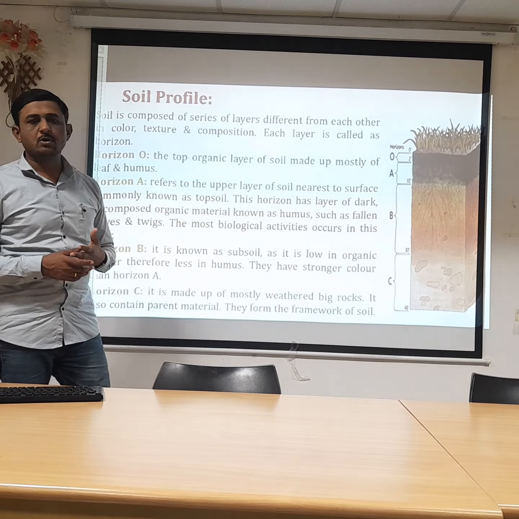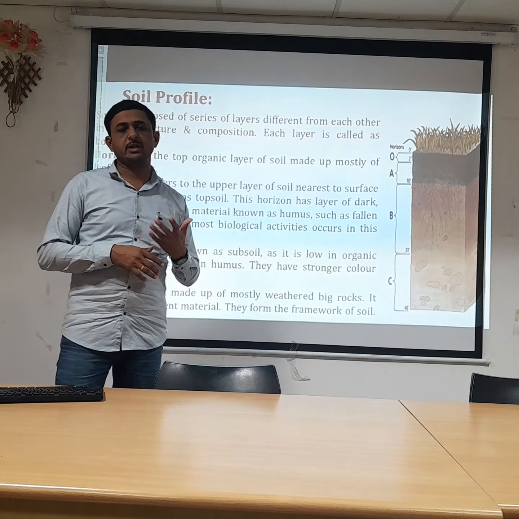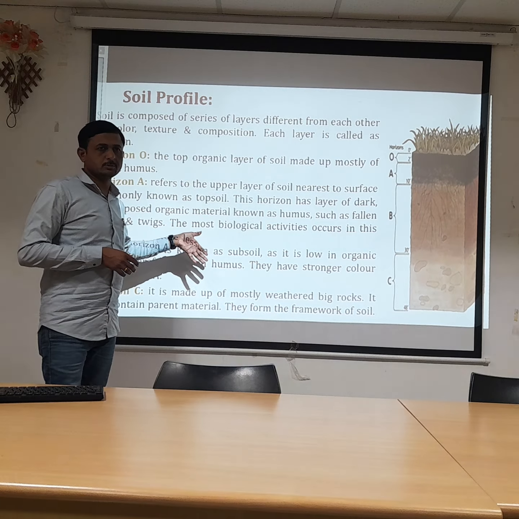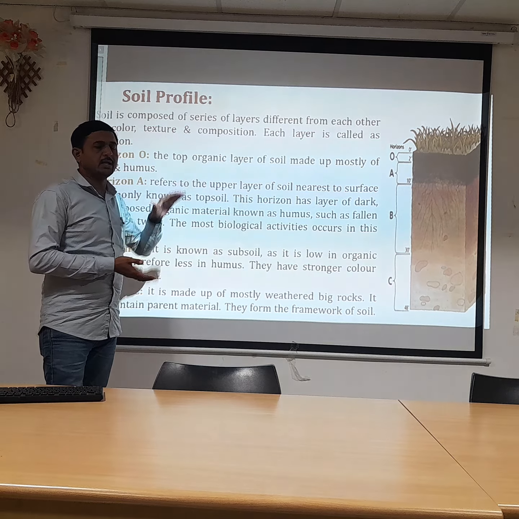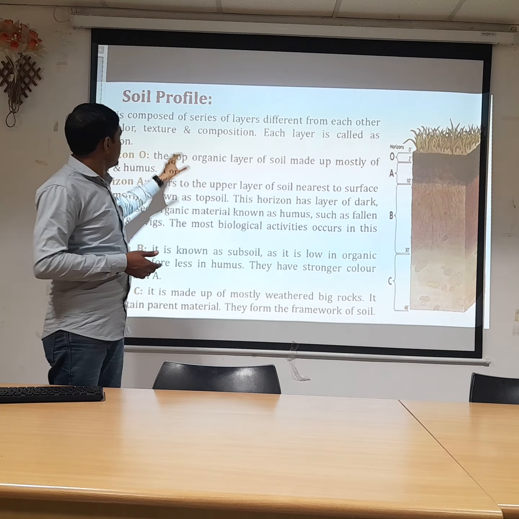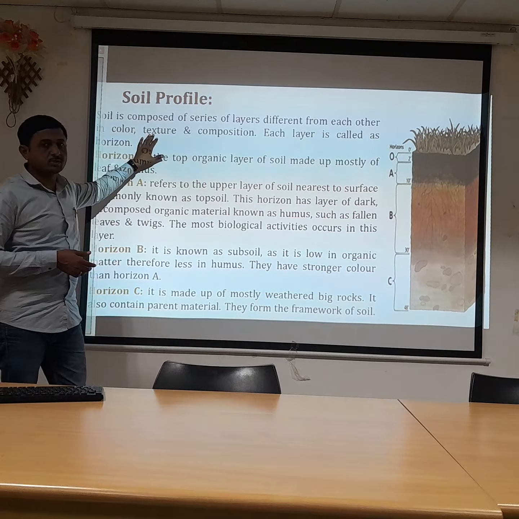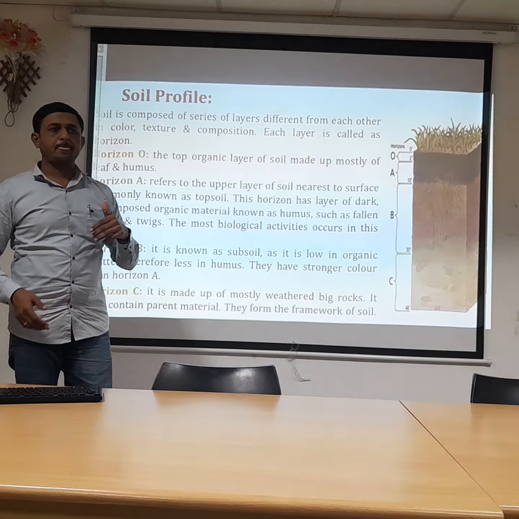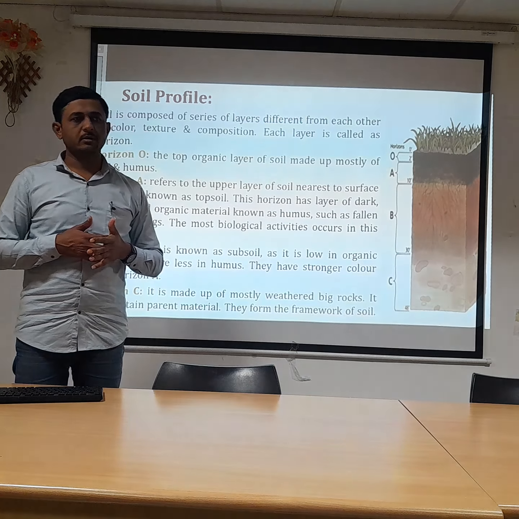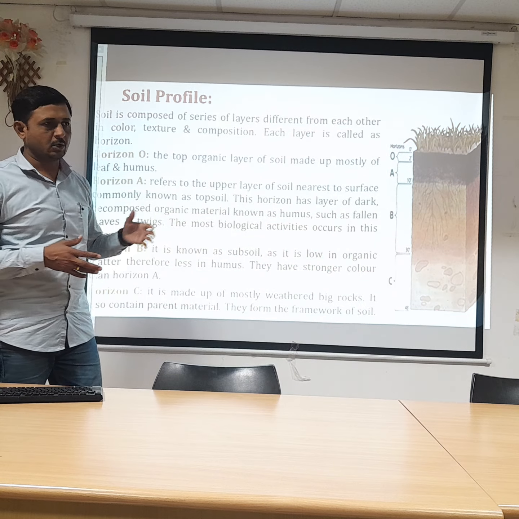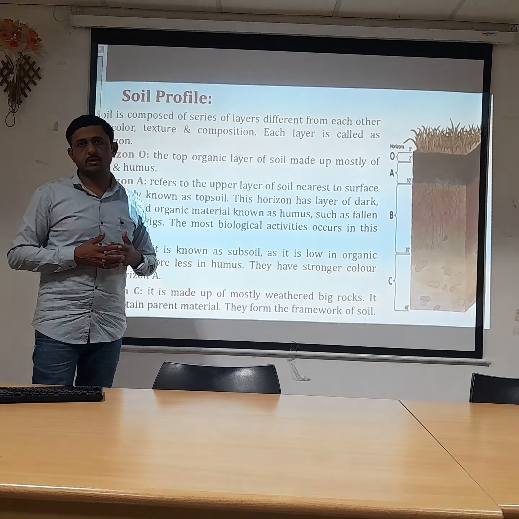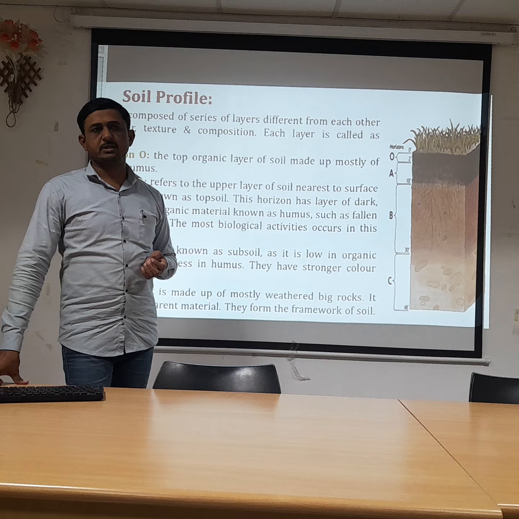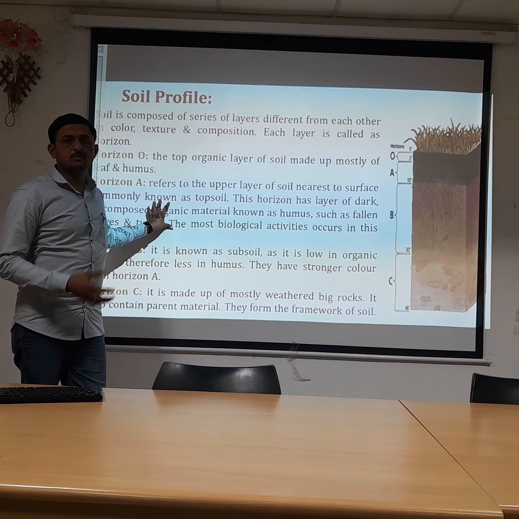In the last lecture we discussed the composition of soil. In this lecture we will discuss how soil can be categorized with respect to its color, texture and composition. These parameters also differ with the organic matter present in the soil, water holding capacity, organic and inorganic matter, and soil water.